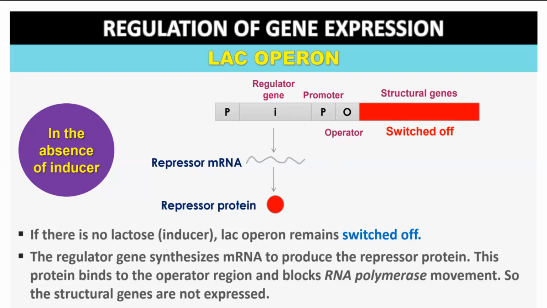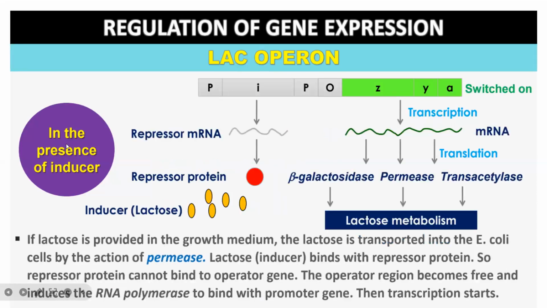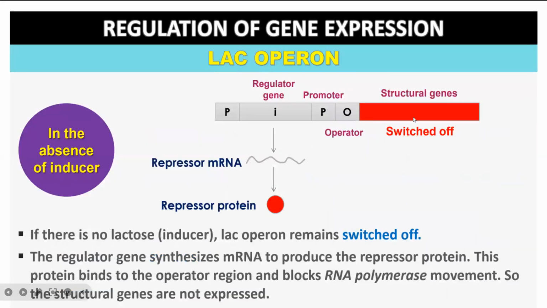Now let's see what happens in the presence of inducer, that is, lactose. One point I forgot to tell: it will not switch off completely. A little bit of work will go on, in minute amounts, because they want these enzymes later, like permease, beta galactosidase, and transacetylase.